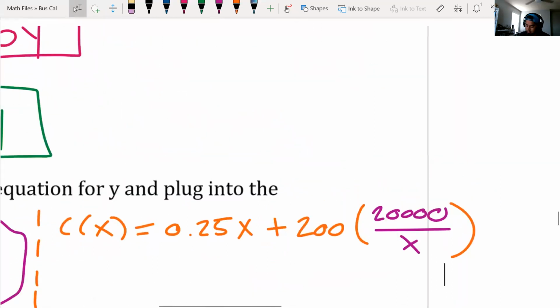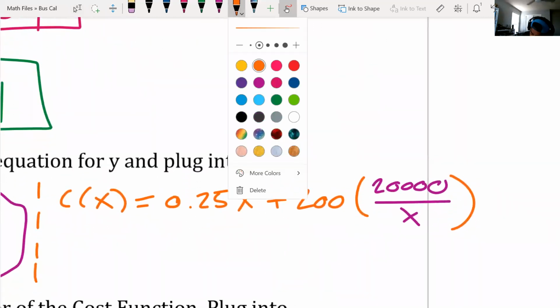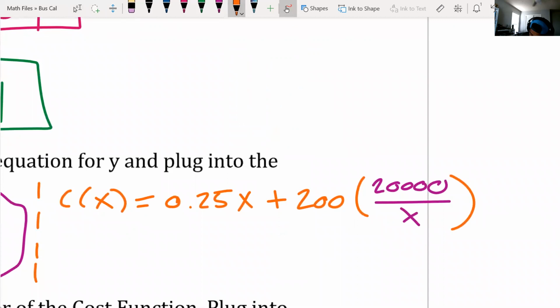All right, now let's clean up. We're going to get 0.25x plus 200 times 20,000 is a big number. 4 million. So you're going to get 4 million.